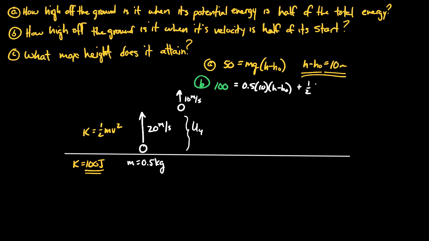Plus 1/2 m 10 squared. So now my job is to figure out what h is so that this sum is 100. I mean, 1/2 times 0.5 times 10 squared. How much is that? 25, which means I have 75 equals 0.5 times 10 times h minus h naught.